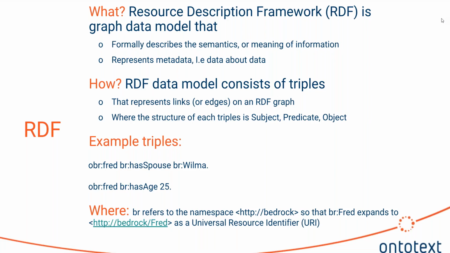Here, BR represents HTTP Bedrock, so it's still a valid URI, even though at first glance it doesn't look like it is. Here, we're saying that in the Bedrock namespace, there's an object, Fred. This object has a spouse, and the spouse name is Wilma. Likewise, we say that Fred is 25.